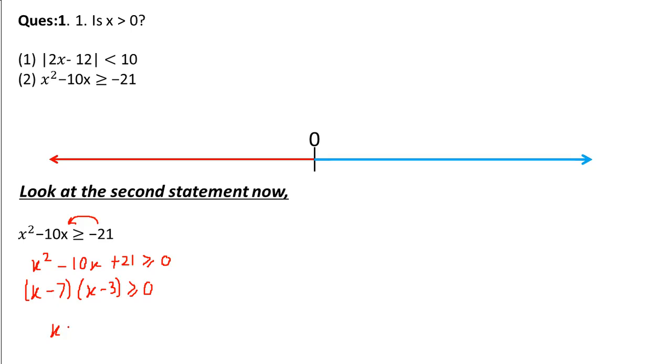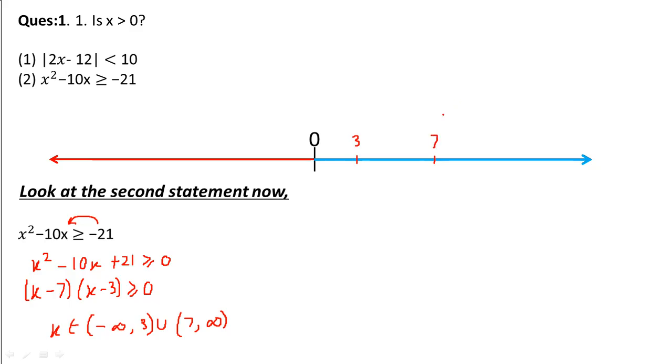This gives the value of x belongs to minus infinity to 3 union 7 to infinity. So clearly here is somewhere 3, here I have 7.